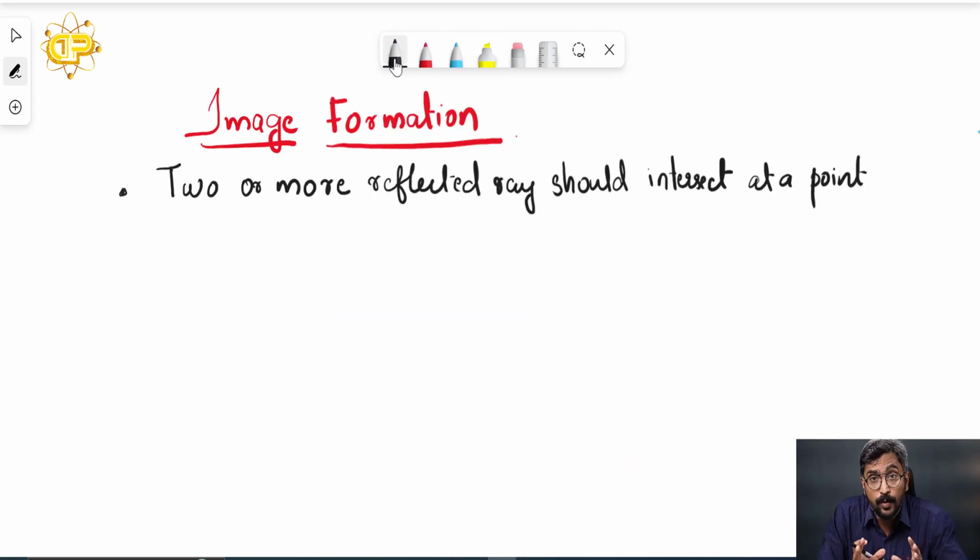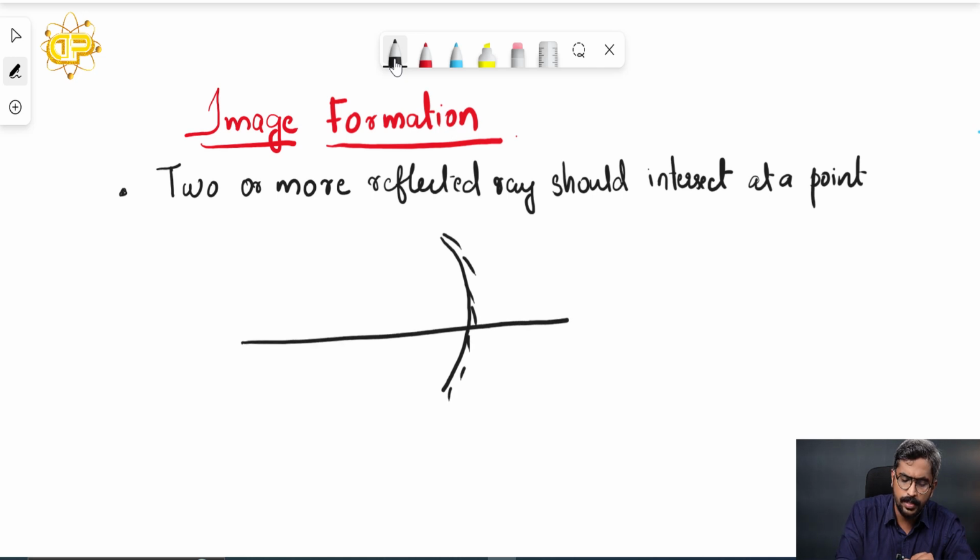Before studying the image formed by the different mirrors, we need to study image formation. What are the rules and conditions for image formation? The first and foremost condition is that for image formation, two or more reflected rays should intersect. For example, say this is a mirror, and I'm keeping an object here.